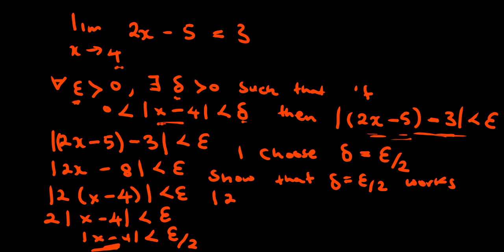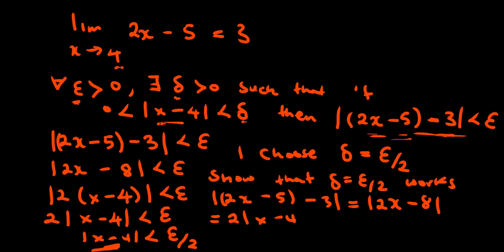So I write that there. I have 2x minus 5, minus 3, modulus. So this is going to be equal to, when I expand that, 2x minus 8 like that. Then from there, if I factor out my 2, by modulus my 2 would come out, and I would remain with x minus 4 as we did before.